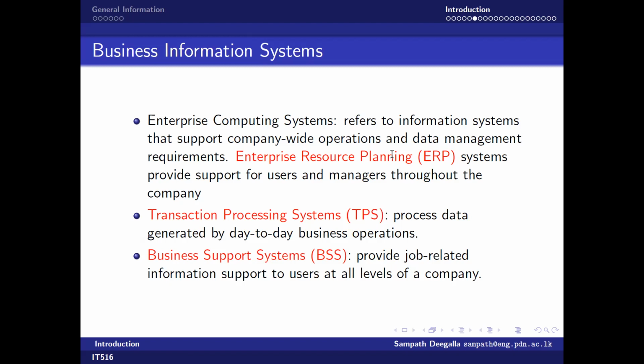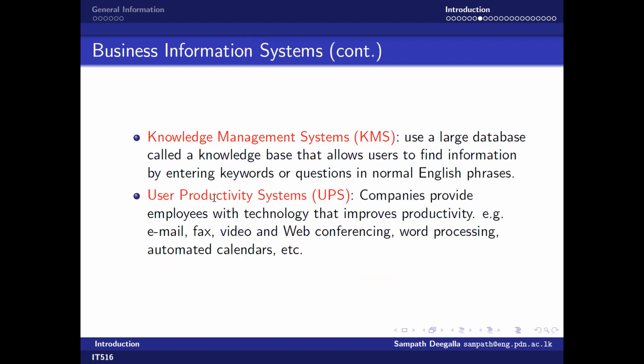Then if you go to a slightly higher level, there are business support systems. Whatever data you have in the organization can be used to make decisions, and for that we have business support systems. Then knowledge management systems, or KMS, which use a large database, which we call knowledge, and using that you can find information.